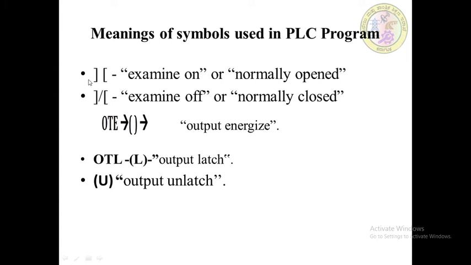Whenever this symbol appears, it is known as examine on, or normally open. This other symbol shows examine off, or normally closed. OTE, with open and close brackets and an arrow, is known as output energize. OTL, that is L within brackets, is output latch. U within the brackets is known as output unlatch.